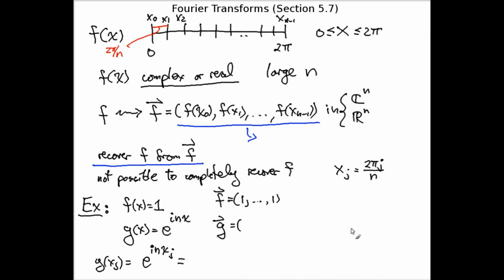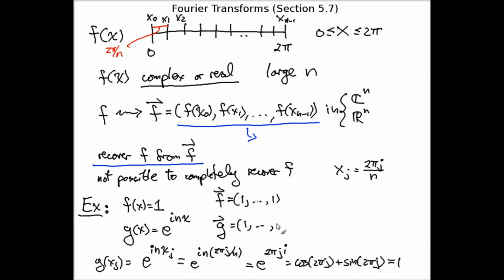And so what is g of xj? It's e to the i n 2 pi j over n, which is to say e to the 2 pi i j, excuse me, the n's cancel, and that gives you cosine 2 pi j plus i sine 2 pi j, and of course that's 1.